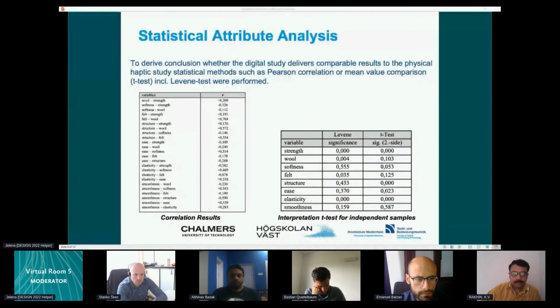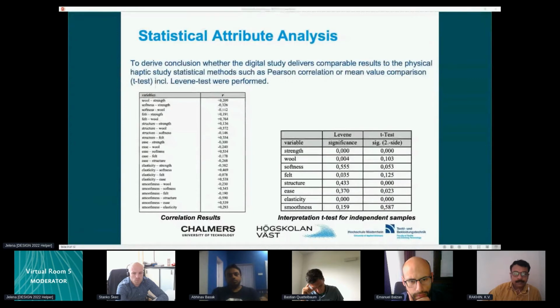On the other hand, we wanted to check the hypothesis. Can the sample populations be classified as the same between the haptic and digital study? This is what we did with the Levene test and the t-test. And you see here that a significance greater than 0.05 means that the variance is the same, and therefore wool, softness, felt, and smoothness can be classified as attributes for which the participants have the same perception between the haptic and digital study.